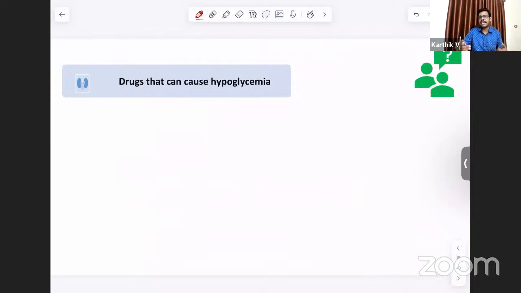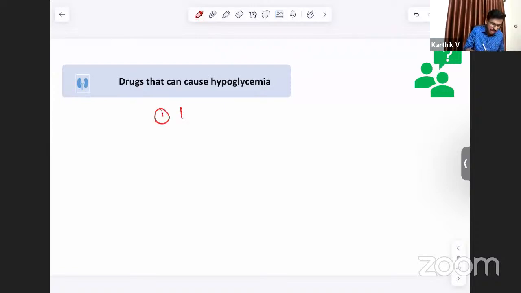But you just cannot say that just because the patient is taking an ACE inhibitor and it is listed in a textbook, you can attribute the ACE inhibitor or ARB as a cause for hypoglycemia, because the use is so rampant and it is highly difficult to single out a cause. So if you have ruled out every other possible cause and the patient has significant relief of hypoglycemic symptoms after the withdrawal of the drug, then you can potentially say that this drug could have been the cause for hypoglycemia. But establishing the causal association with certain drugs is very difficult.